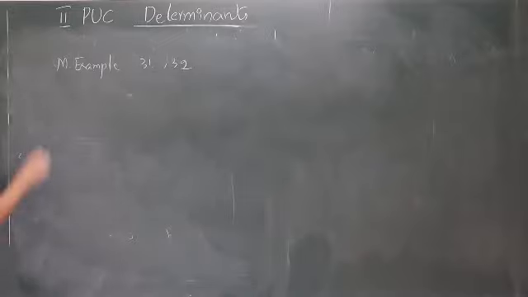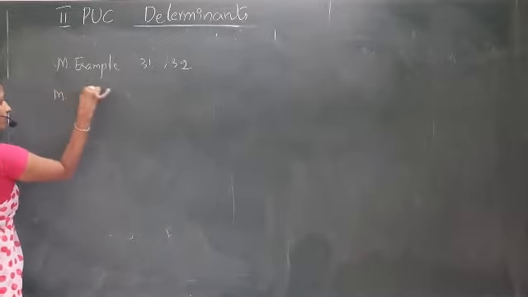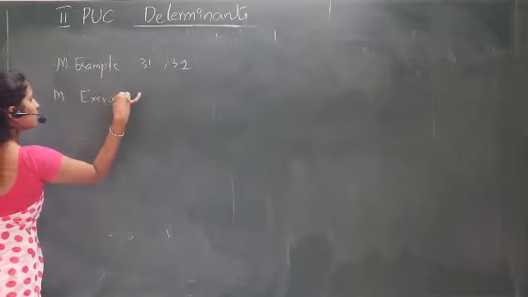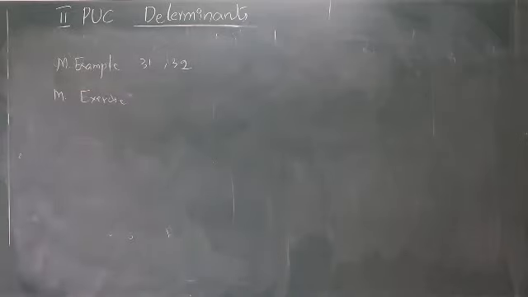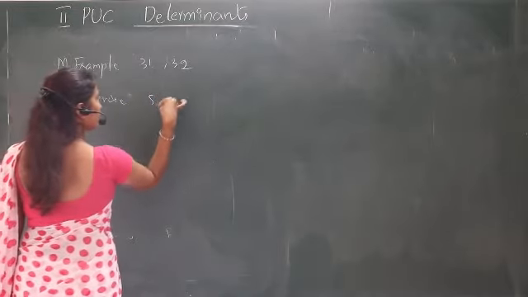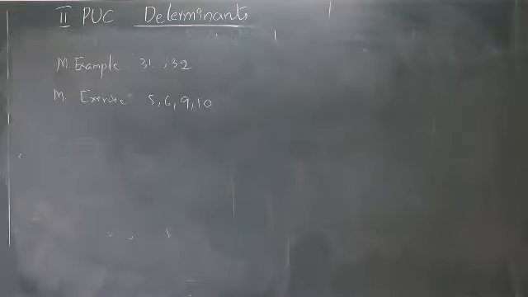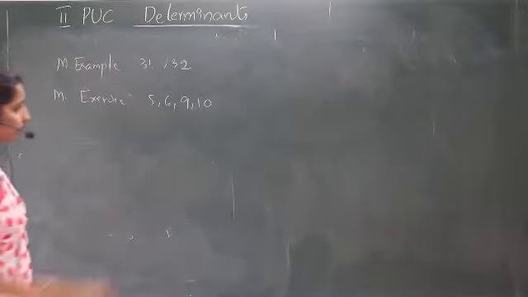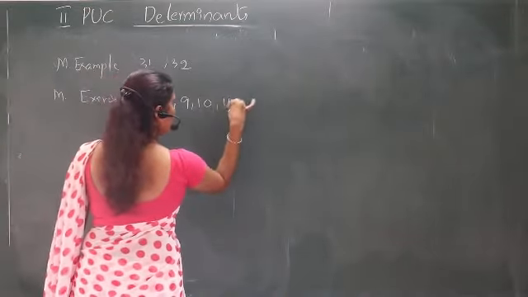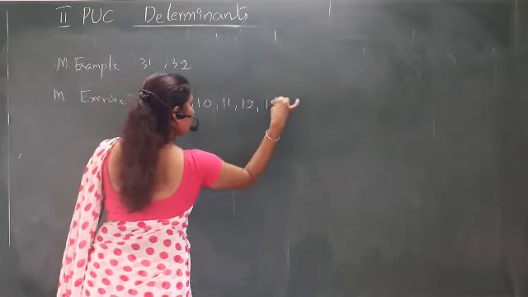Then miscellaneous exercise, that is the 4-point exercise. In that we have to do 5, 6, 9, 10, then 11, 12 and 13.